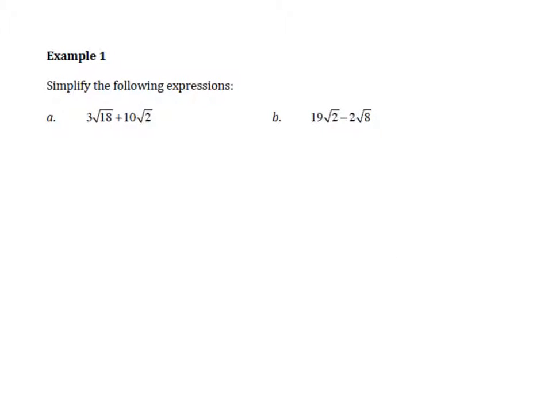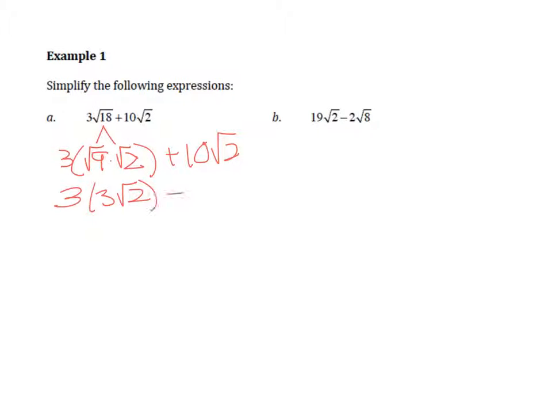So we're going to look to simplify first, and we can do this with the radical 18. So it's 3 times the square root of 9 times the square root of 2 plus 10 radical 2. So then we get 3 times 3 radical 2 plus 10 radical 2.